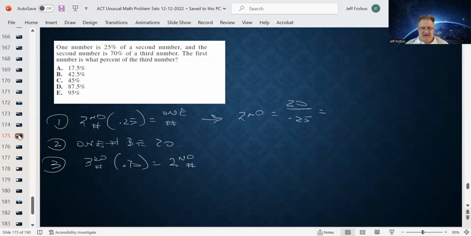Now that 20 divided by 0.25 is going to be 80. So now we know what the second number is.